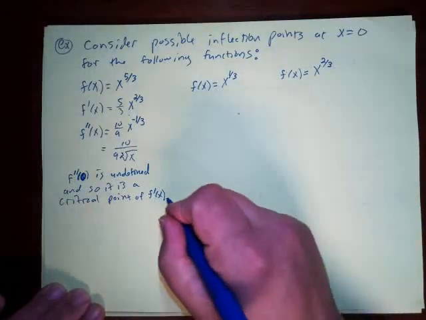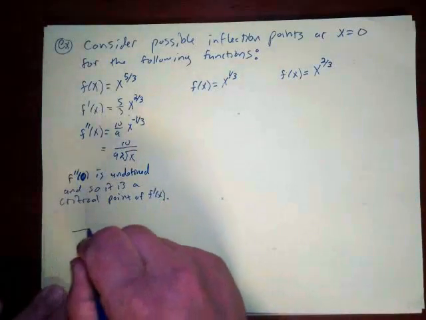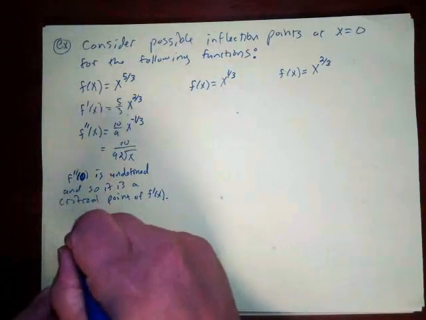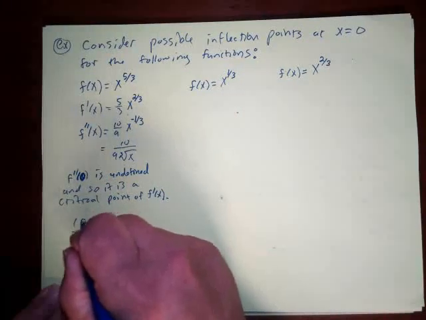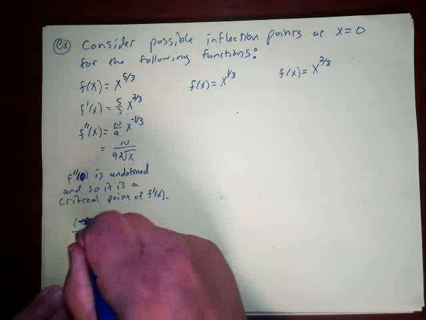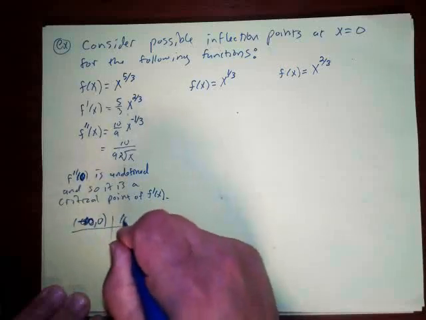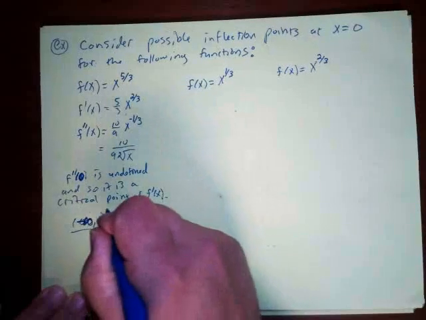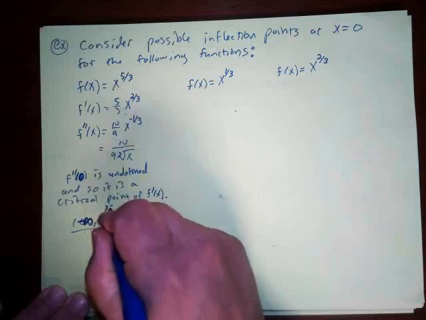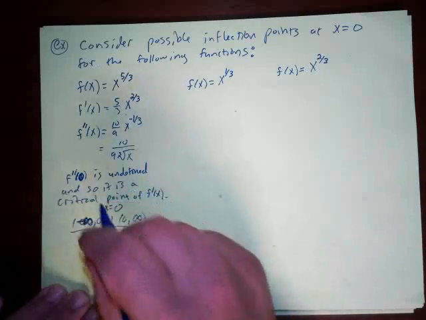Okay, and so now what you could do is make a table here, with negative infinity to 0, and then 0 to infinity, where x is equal to 0.